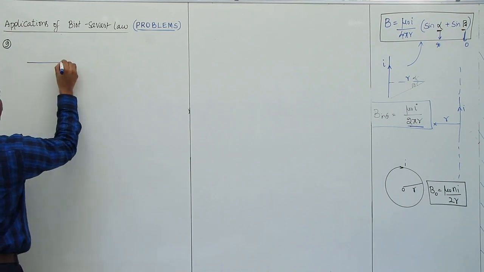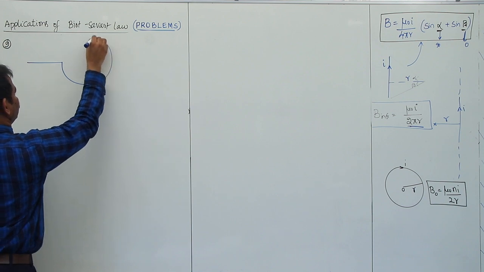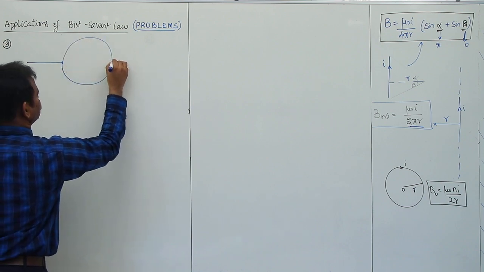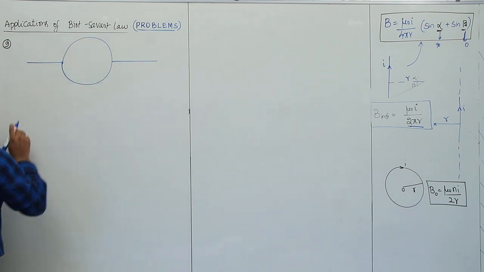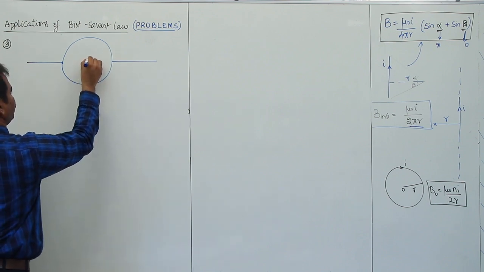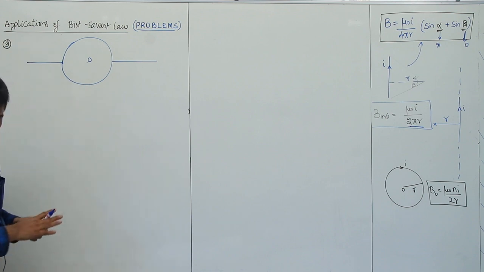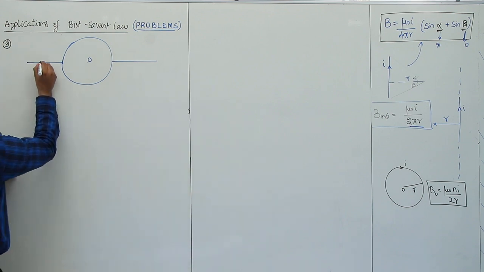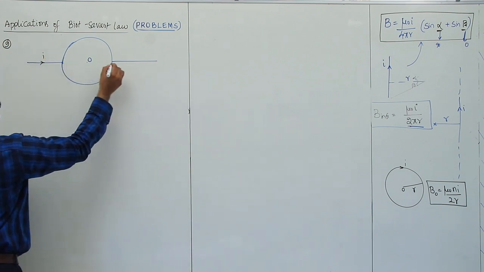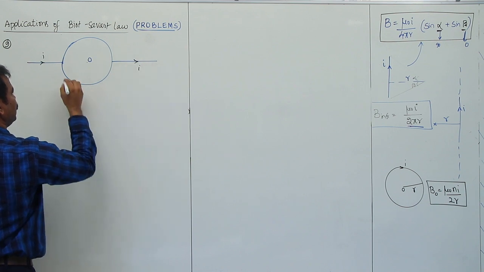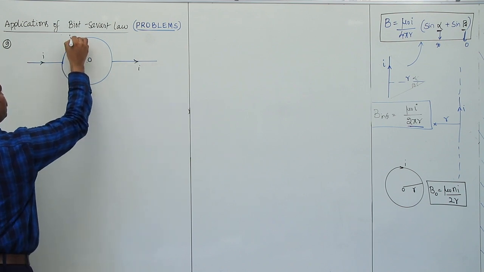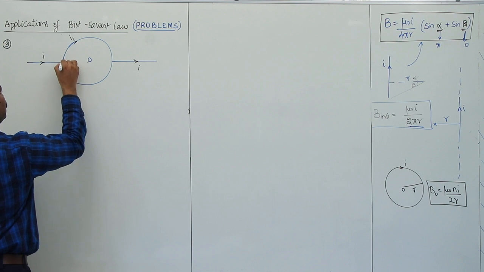Here in the 9th problem, there is a coil like this and wires are connected here, and I want to find the magnetic field at the center of this. The current enters from this wire and leaves from this wire, and the current divides as I1 and I2 at this junction.